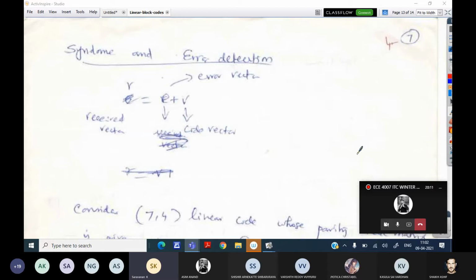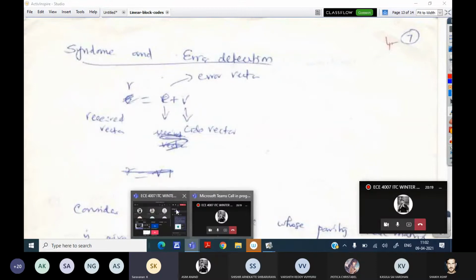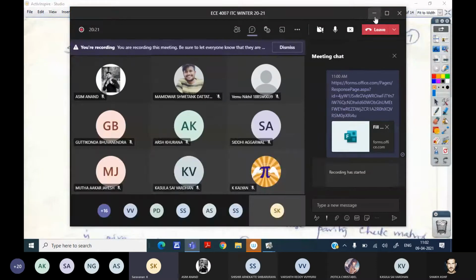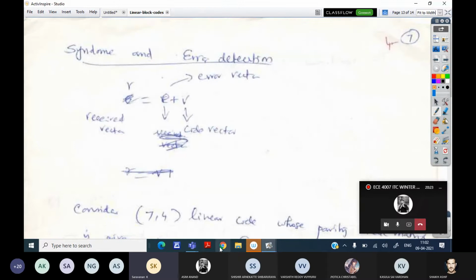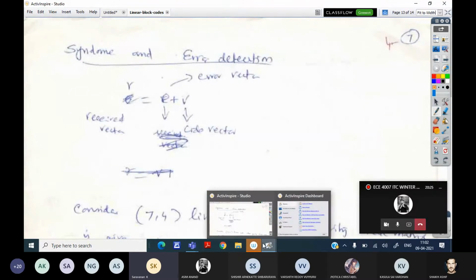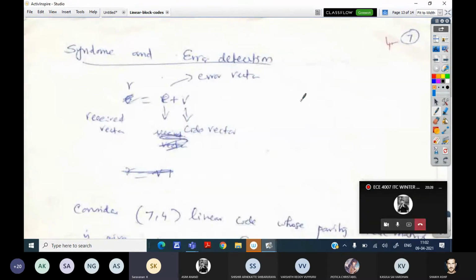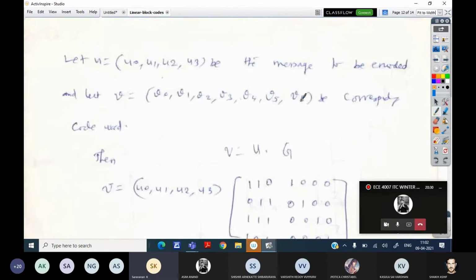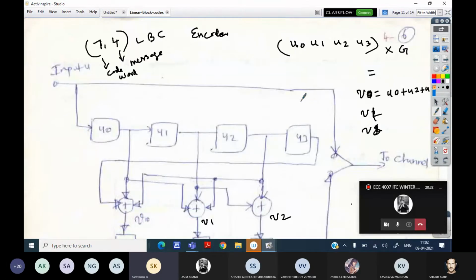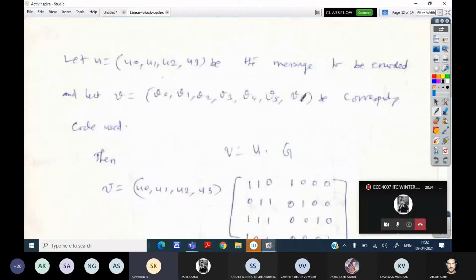So, last class we have done the design of the linear block code encoder. I think the encoder part is over, right?